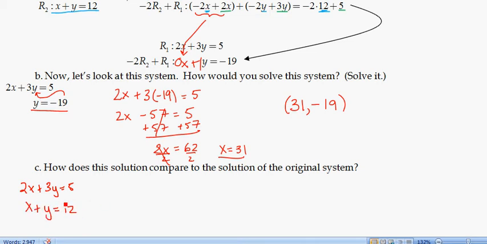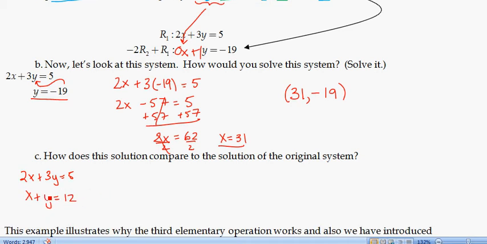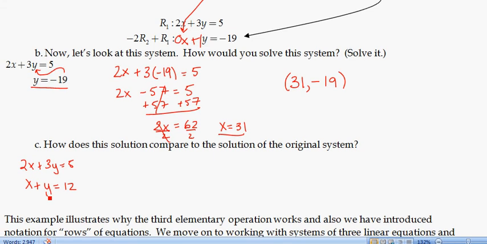If we tried to solve this system by elimination, we'd really just be repeating what we just did. But let's look at solving it a different way, just to really convince ourselves that this is the same. So say, for example, I solve for y here, and I do a little substitution. I'm going to take 12 minus x and substitute it in for y. So I have 2x plus 3 times 12 minus x equals 5.